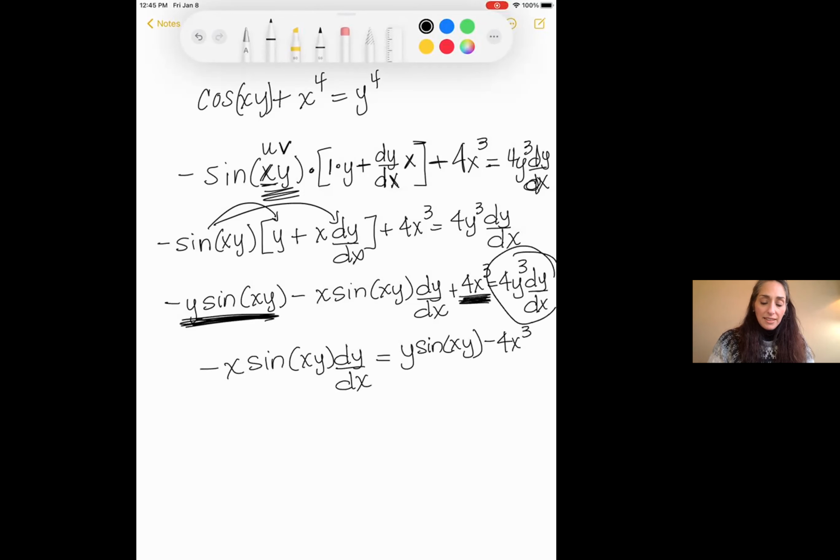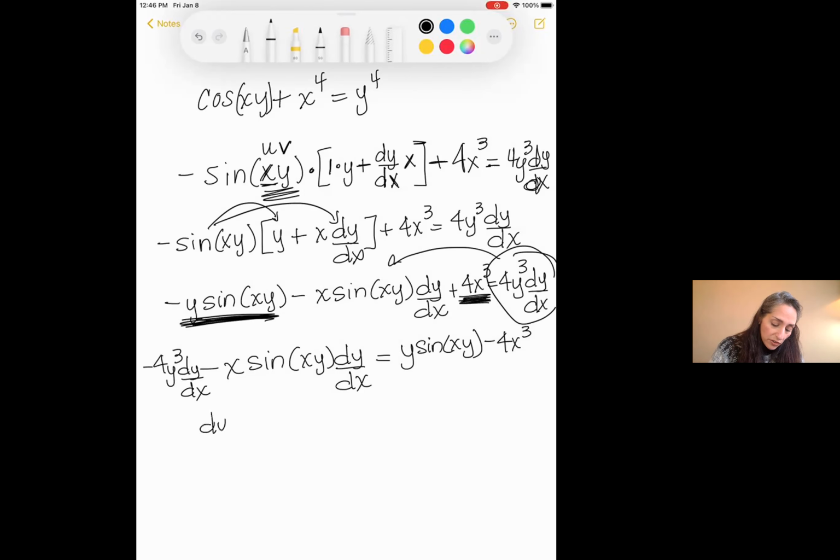Now I'm going to take this and move it over here, so it's going to be negative 4y cubed dy over dx. It doesn't matter if you put it in the front or the back, just as long as you put the negative sign in front of it.